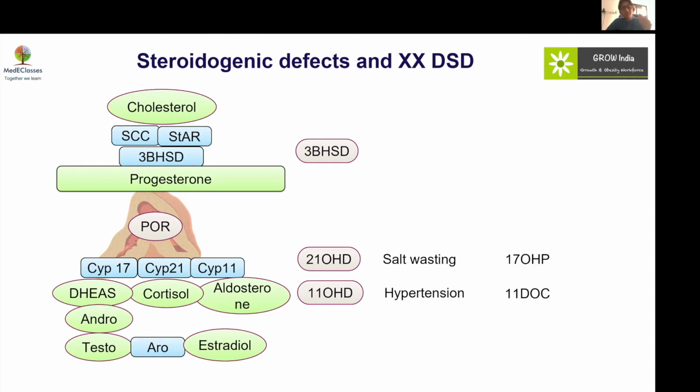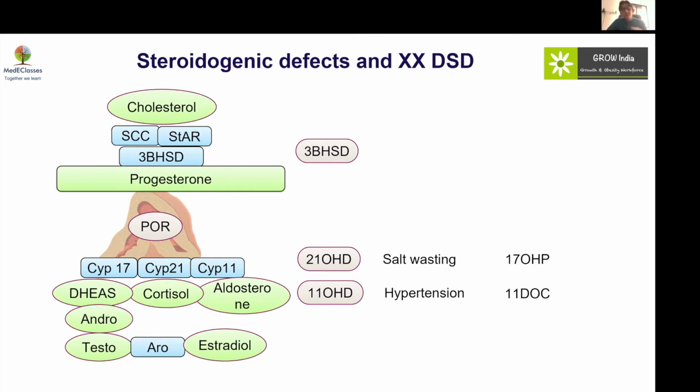A more proximal defect is 3-beta HSD, and we know that 3-beta HSD is one of the most important enzymes because it affects all three pathways of cortisol, aldosterone as well as androgens. And we know that the adrenal gland comprises 3-beta HSD2, and we also have 3-beta HSD1, which is present in the periphery, mainly in the liver.